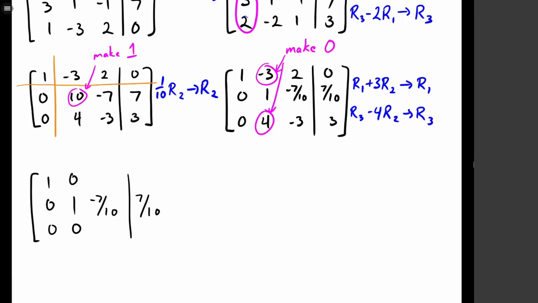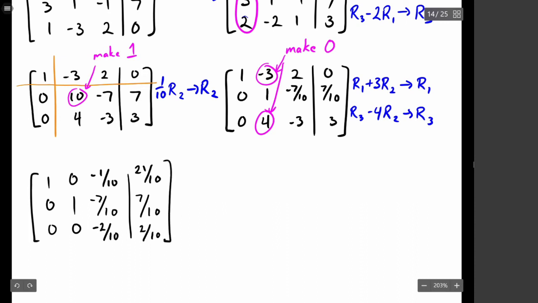All right, what we're going to end up with after that procedure is negative 1/10, 21 over 10. Here this is going to be negative 2 over 10 and 2 over 10. Okay. All right.